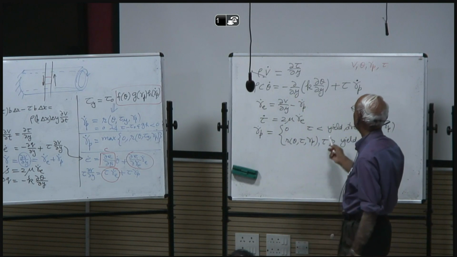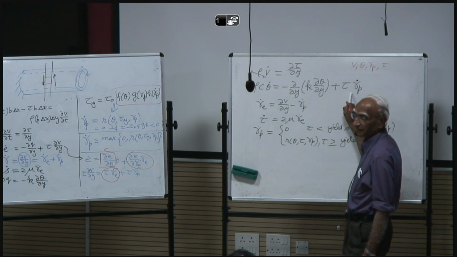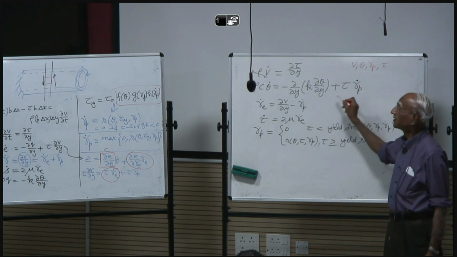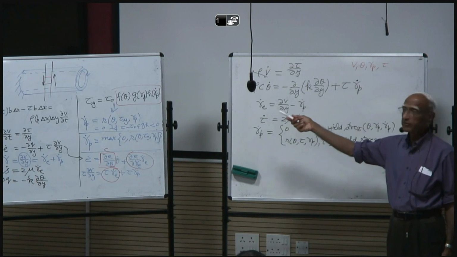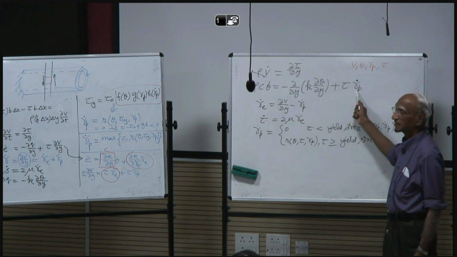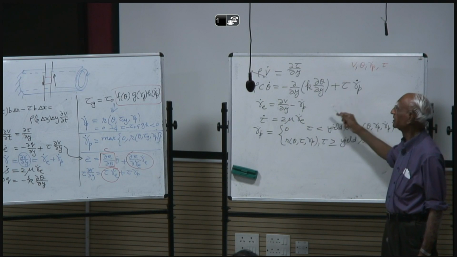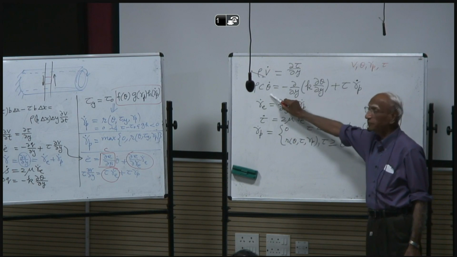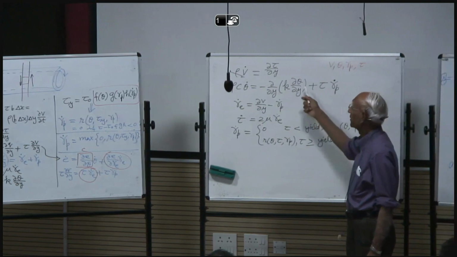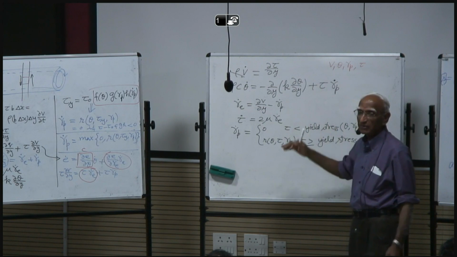That nonlinearity is causing problems here, because tau is a nonlinear function of temperature, plastic strain and plastic strain rate. This is again another plastic strain rate term here. Temperature you are trying to find from here. So this temperature is a function of the plastic working. So everything is coupled together.